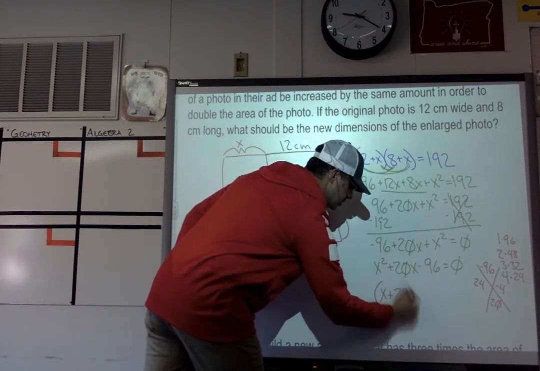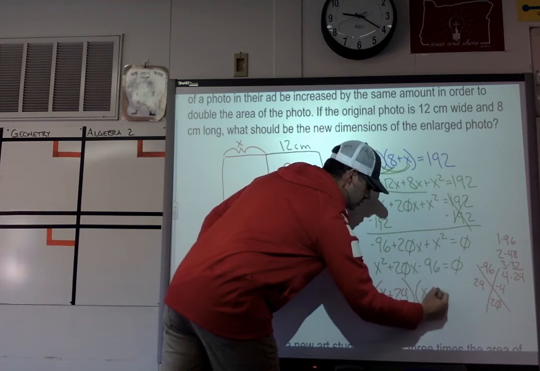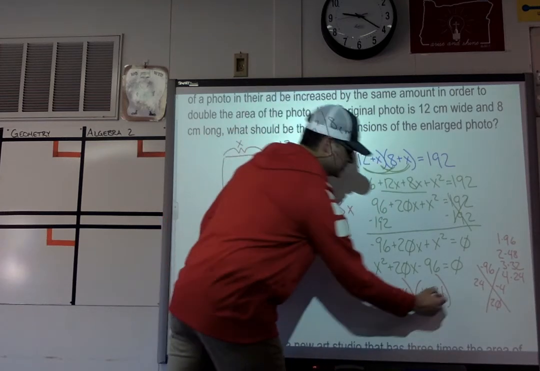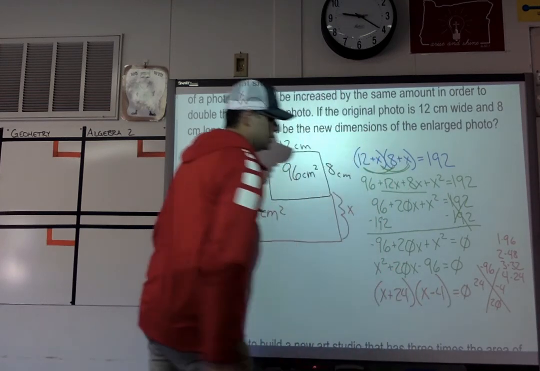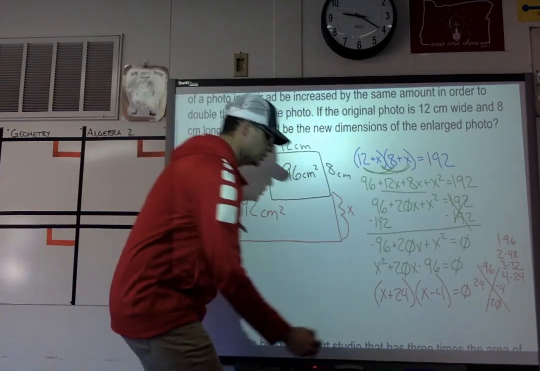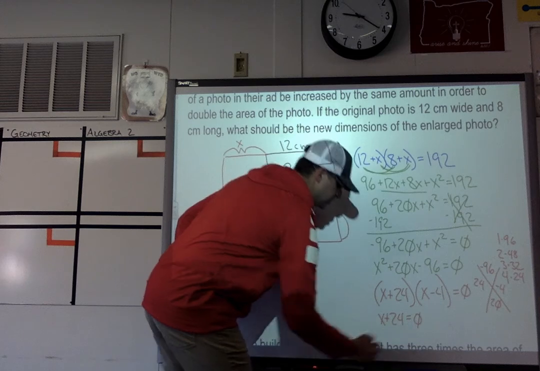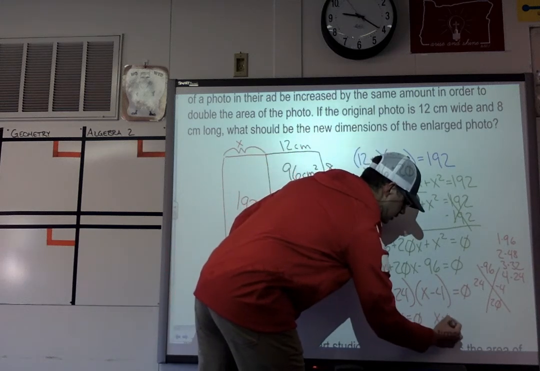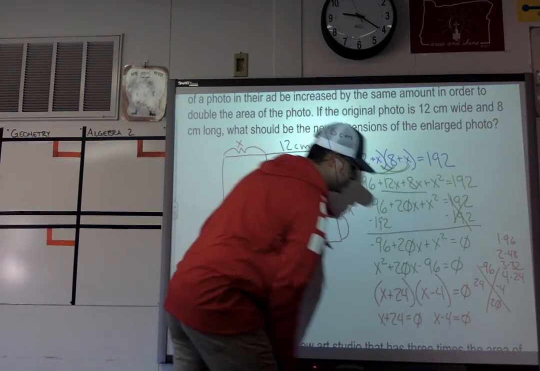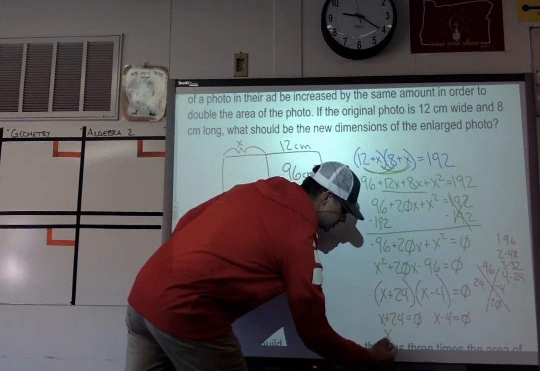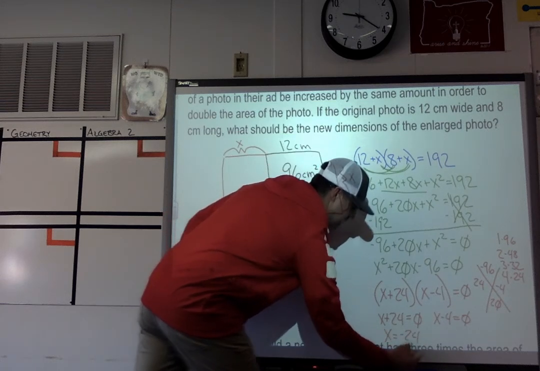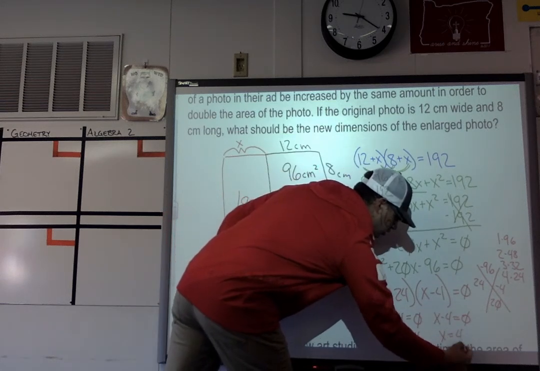So x plus 24 and x minus 4. Now we need to set those both equal to 0. x plus 24 equals 0, and x minus 4 equals 0. So x is negative 24 or 4.